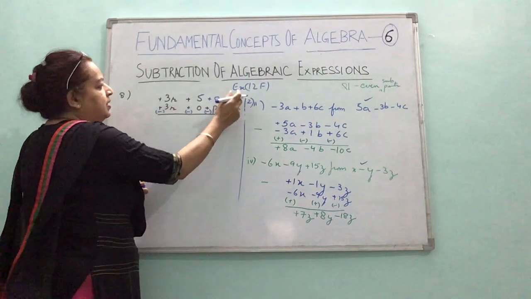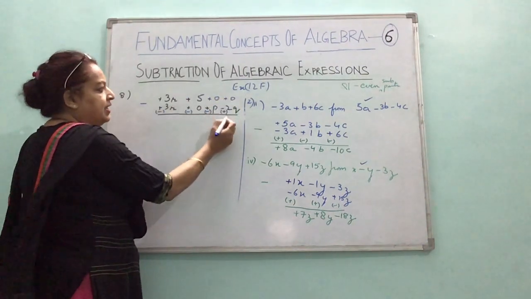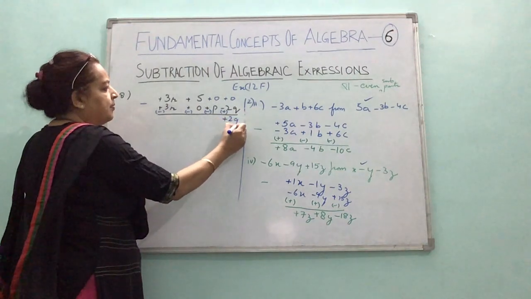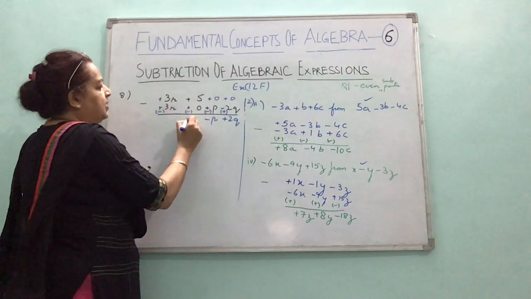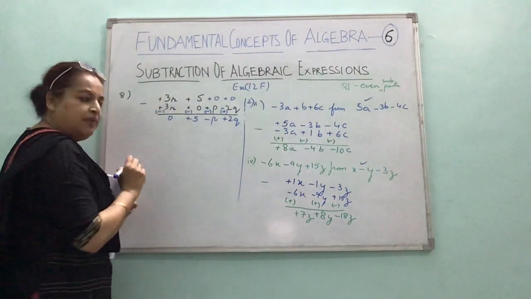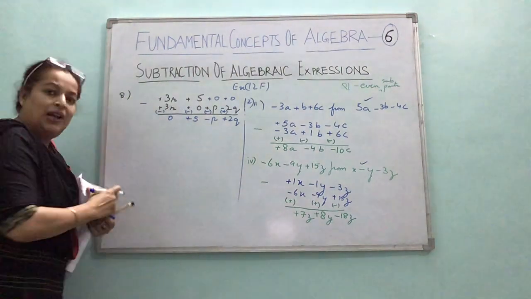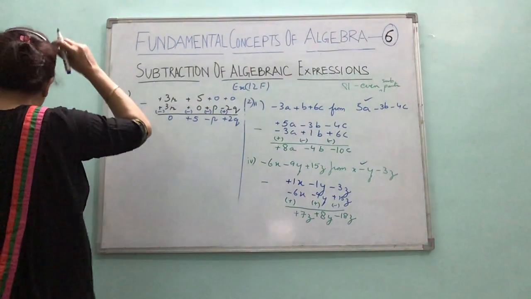Plus. So add up. It is subtraction, but now we have changed the sign, we'll add up. So plus 2q minus p plus 5, and plus 3 and minus 3 is 0 out here. So what should be your answer statement, because it's a simple word problem? So what will you write?